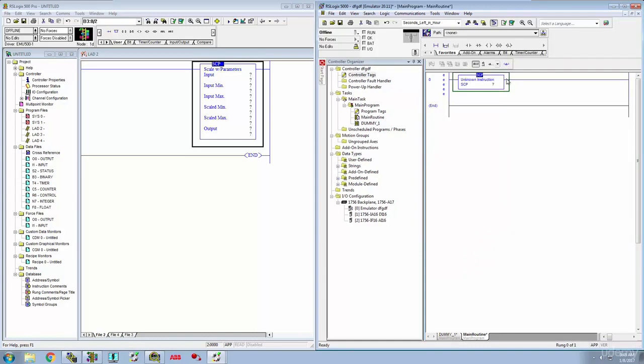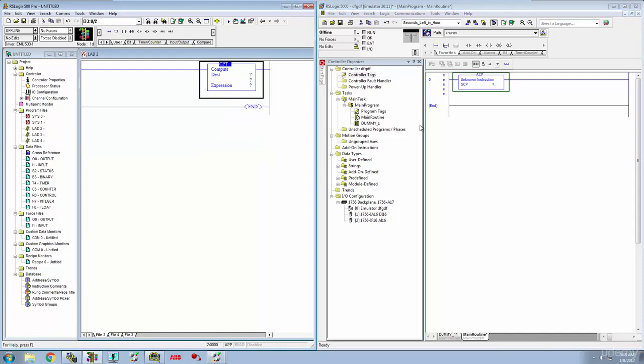So what does that mean? What's the deal? How are we going to figure out what our analogs are? Well, there's another instruction, if you remember, CPT, compute, and what that allows us to do is put in a mathematical equation.